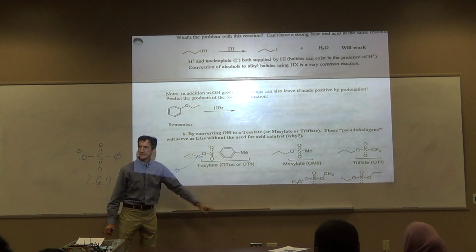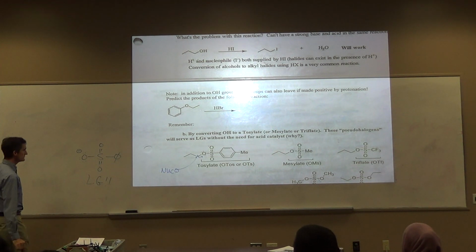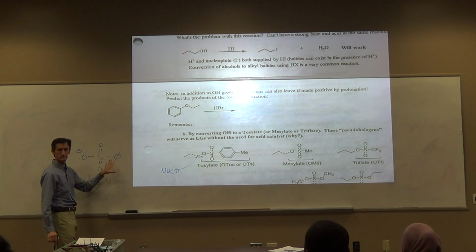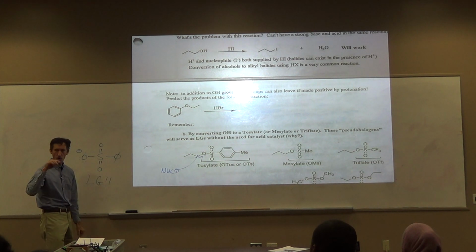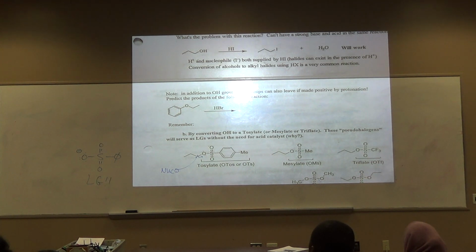I just didn't want to waste ink and time drawing the big aromatic ring. You know how we use R as a designation for a big alkyl group? The symbol there, phi, is a symbol for an aromatic ring.